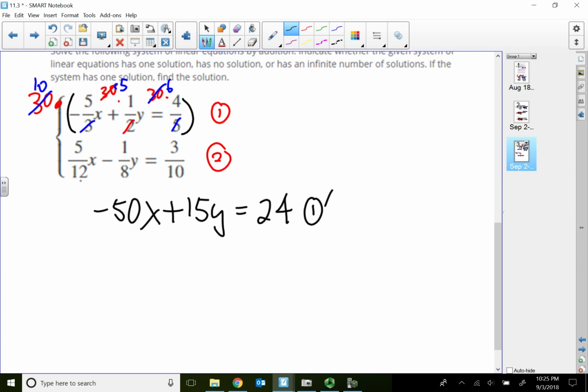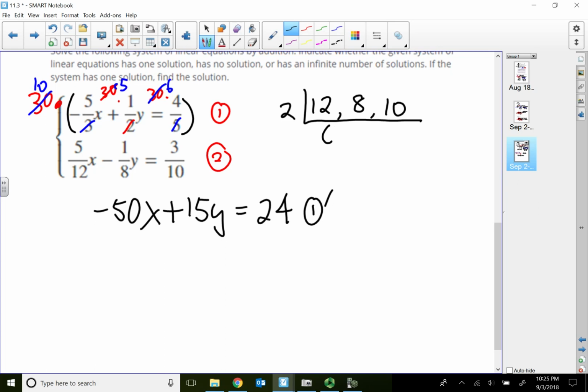If you ever have a hard time knowing what the LCD is, in Math 106 module 2 we do show how to find LCD with numerical values. Basically I'm going to take my 12, my 8, and my 10 inside this upside down division, and on the outside I'm going to look for a particular number that can go into all three of them, which I can see is 2.